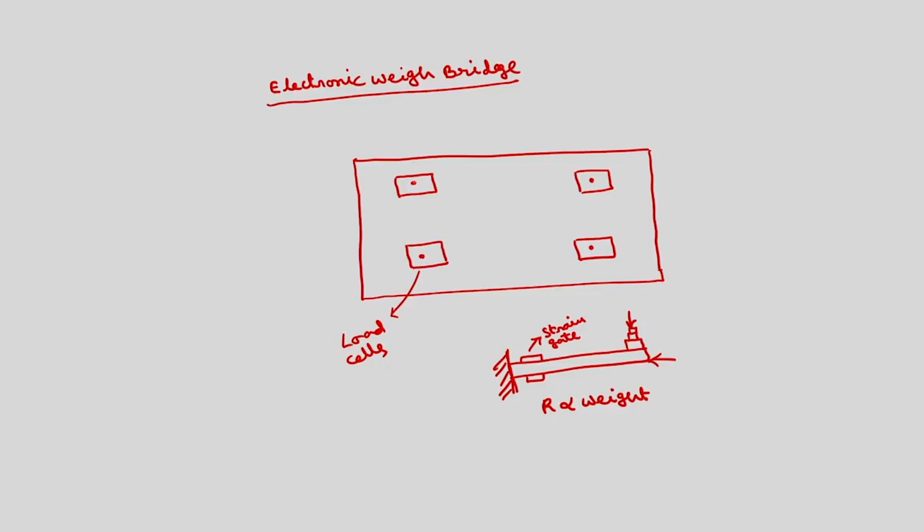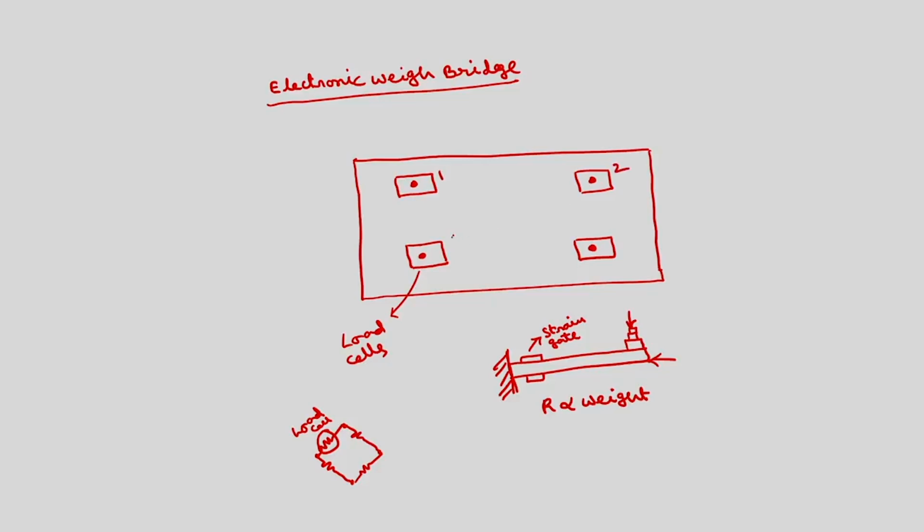So, here we have 4 different load cells, which will give 4 different changes. The basic circuitry here will be, you have to connect these 4 in 4 arms of a bridge. This is a load cell corresponding to 1.